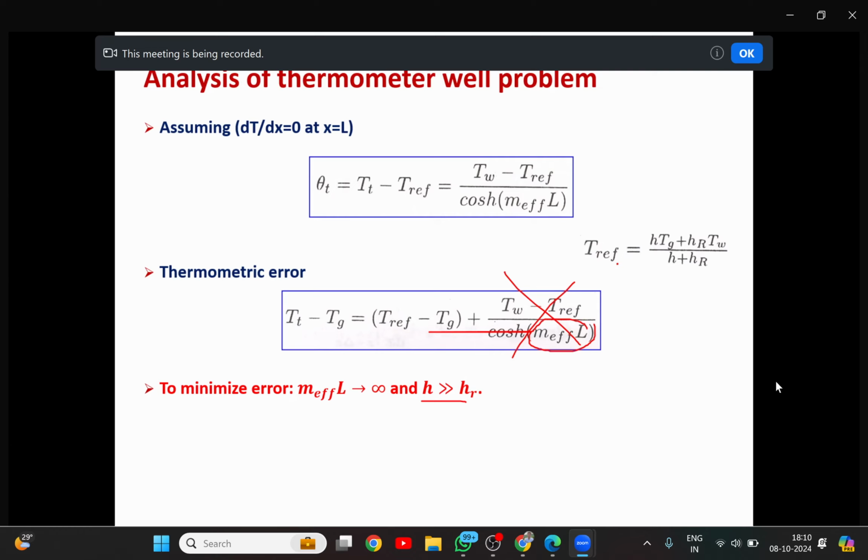When you neglect h_R, you are only left with h T_G over h, which means h gets cancelled. So T_ref becomes simply T_G, and T_G minus T_G becomes 0. That means your thermocouple temperature becomes equal to the gas temperature. If you want to minimize the error, this is the condition that you have to use.